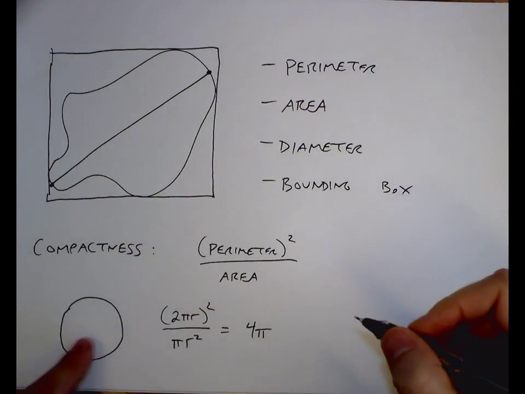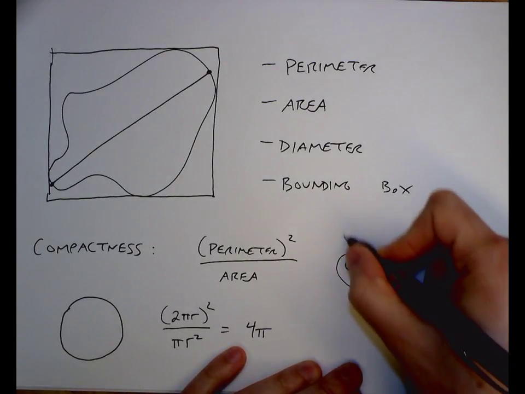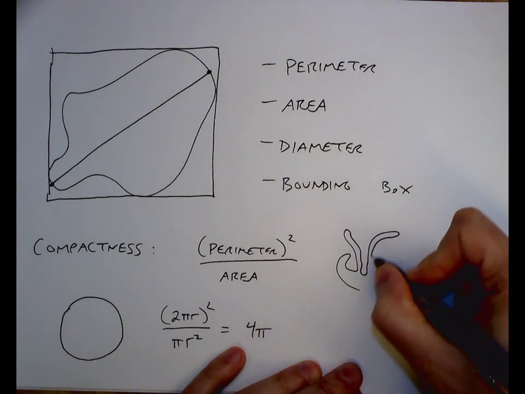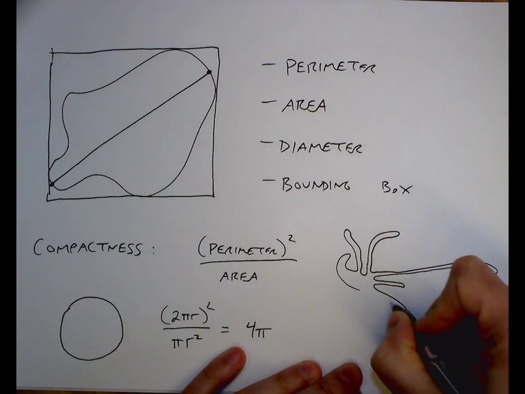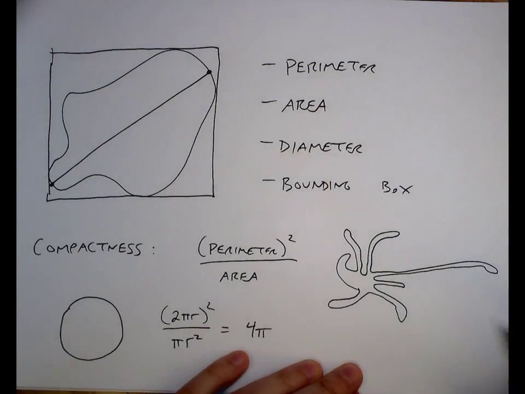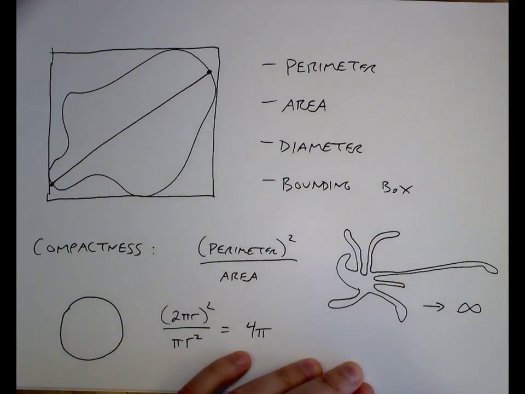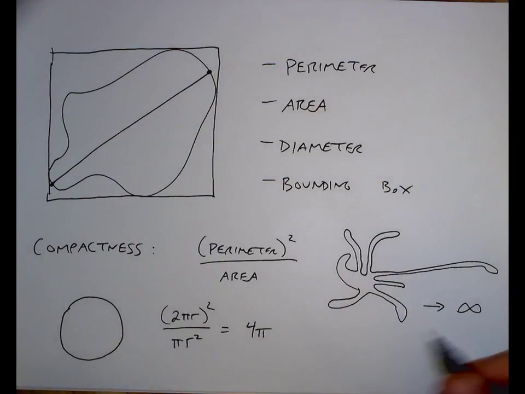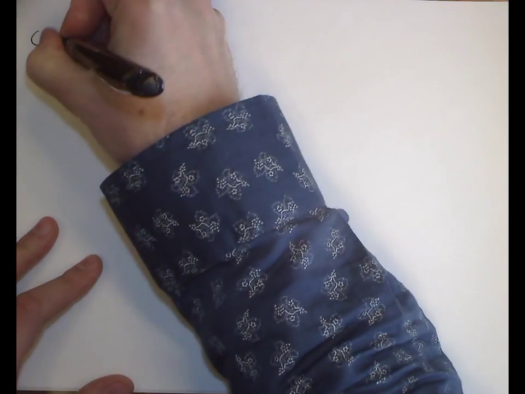So that's basically about as low as the compactness can be. But then you can imagine that I could take the same area and distribute it over some really crazy squirrely region that had lots of thin protrusions, and basically I could make a shape that has the same area as a circle with an arbitrarily high perimeter, right? So here, the compactness would tend to infinity, right? So we have a low of 4 pi, a high of infinity. And then, to make it a little bit easier, we could define what's called the circularity.